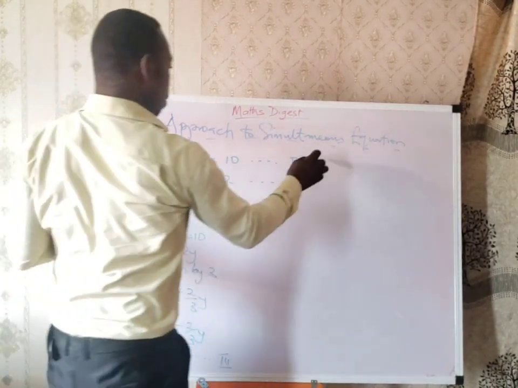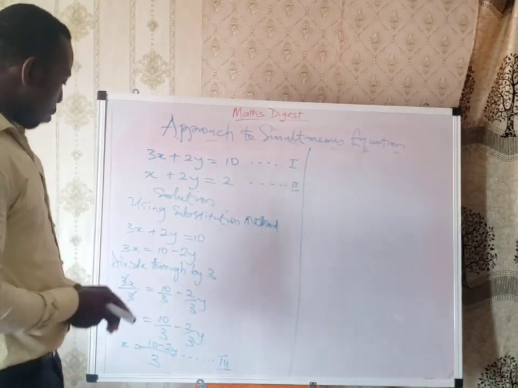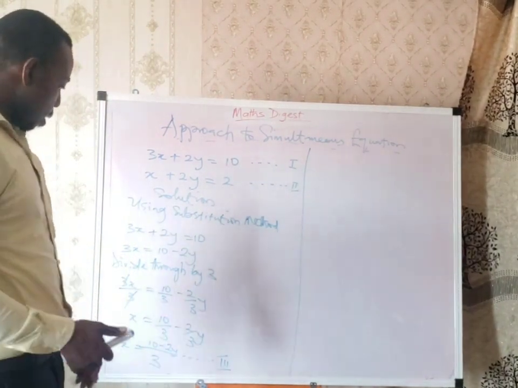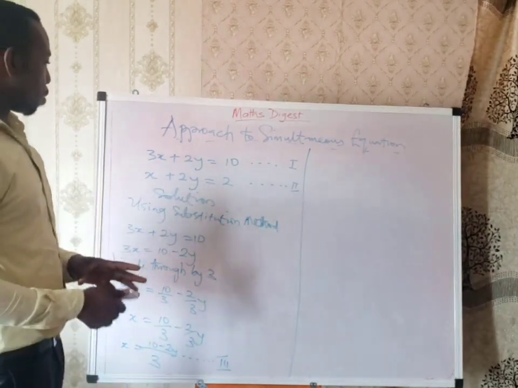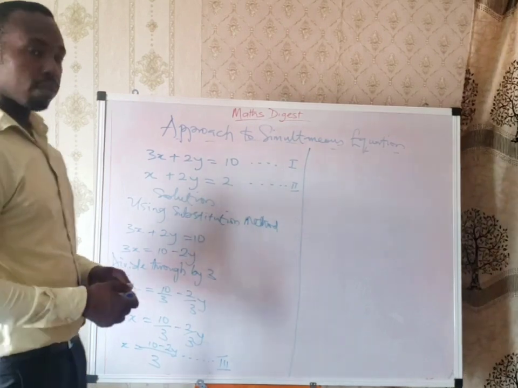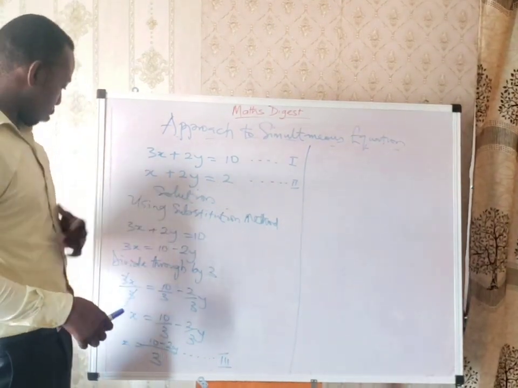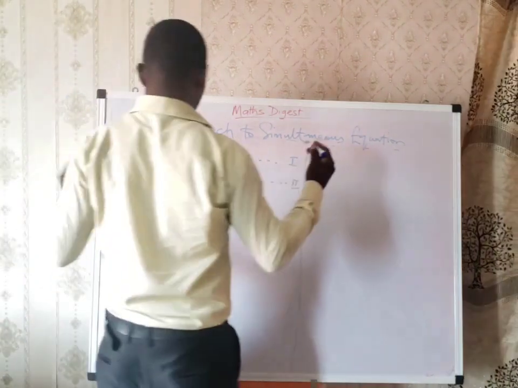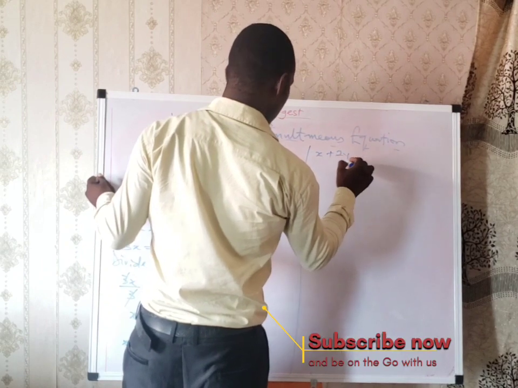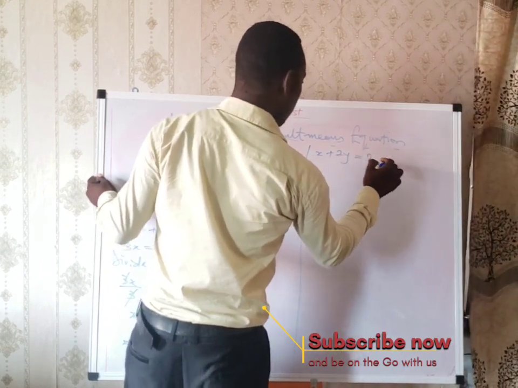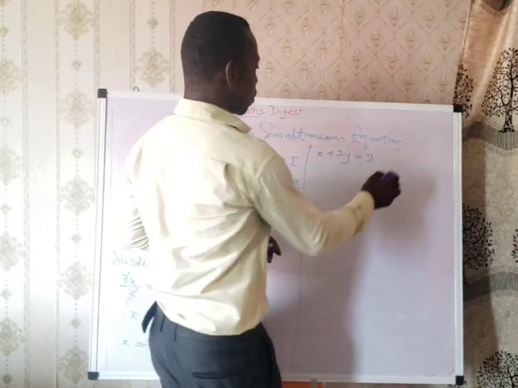Now we go over to this side of the board. Quickly, we're going to use what we have as x and substitute it in equation 2. Equation 2 is x plus 2y equal to 2. Remember this is equation 2.